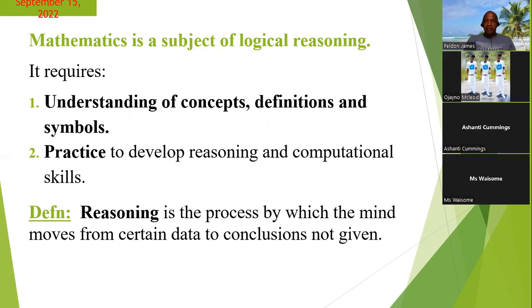So logic has to be either true or false or imply, or there are other aspects of logic that we're not going to even touch. But that's the idea behind logic. So you can either say whether or not something is true or false. Now, mathematics is a logical subject, meaning that it obeys the true or false principle in terms of solving problems. So it's either right or wrong.